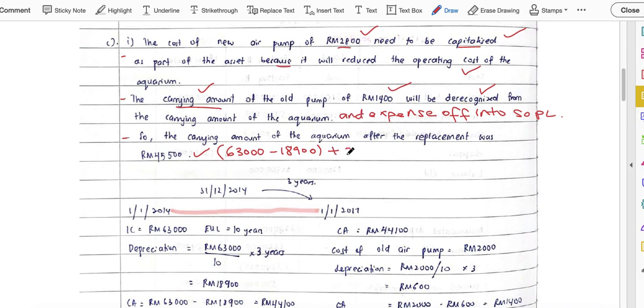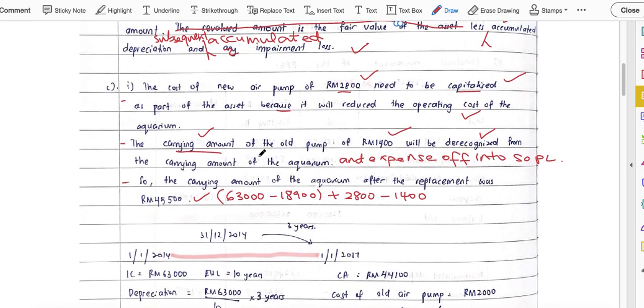The new pump is 2,800, and then you derecognize the old pump. So you derecognize the carrying amount of the old pump, which is 1,400. So that's why you get 45,500 here. So that's all for that part.